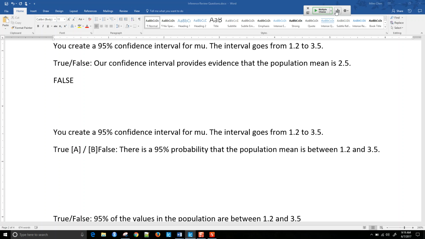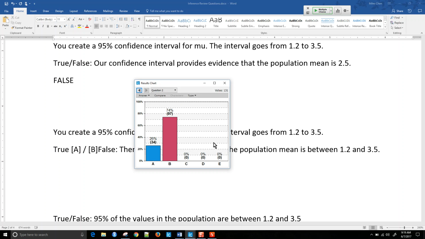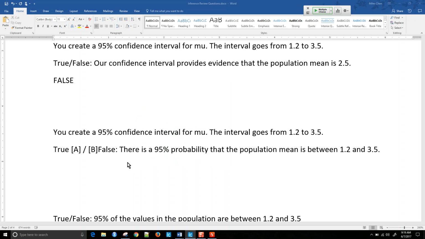Okay, let's take a look. Okay, here we are. And the answer is B for false, okay? Confidence intervals do not tell us about probability, okay?